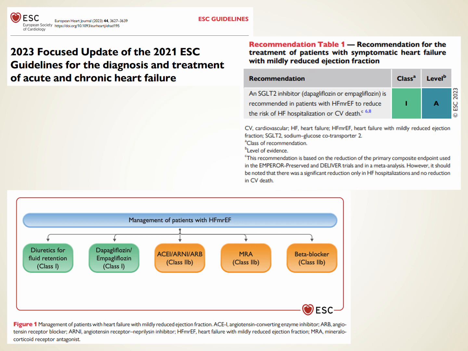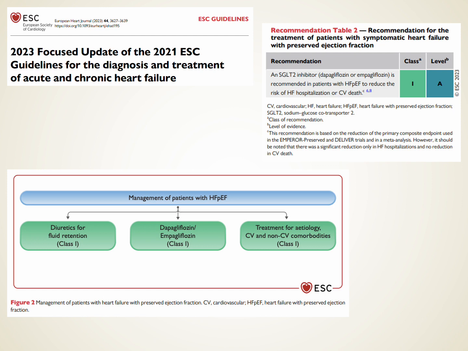And then it does make sense with a lower level of evidence to consider ACEs, ARBs, neprilysin inhibitor as part of that, a spironolactone as a mineralocorticoid receptor antagonist, and a beta blocker as well. But actually, the data is strongest in mildly reduced ejection fraction for adding one of the SGLT2 inhibitors that is proven in heart failure.